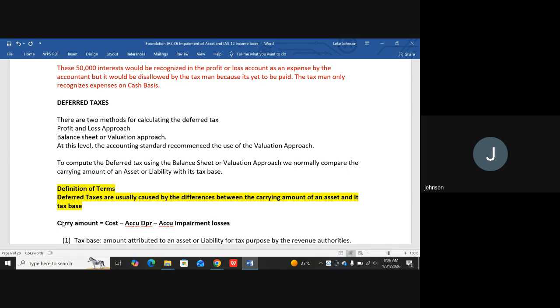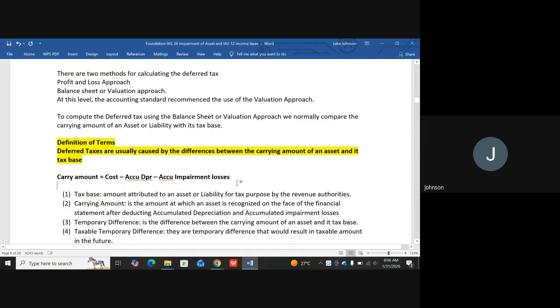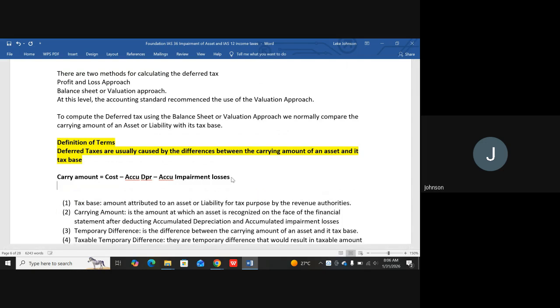So that is how to get your carrying amount. Then what is your tax base? So to get your tax base, we come down here, we say tax base is equal to the cost of the asset minus capital allowance.